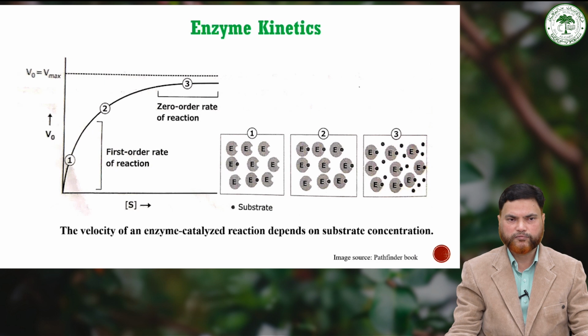At low substrate concentrations, velocity is generally proportional to substrate concentration, indicating first order kinetics. However, at high substrate concentrations, velocity becomes virtually independent of the substrate concentration, leading to a zero order rate of reaction, or zero order kinetics.